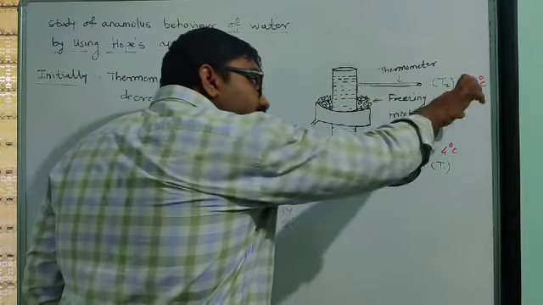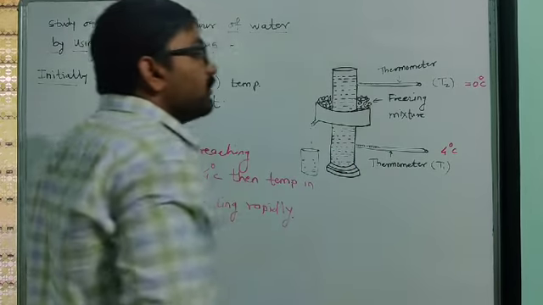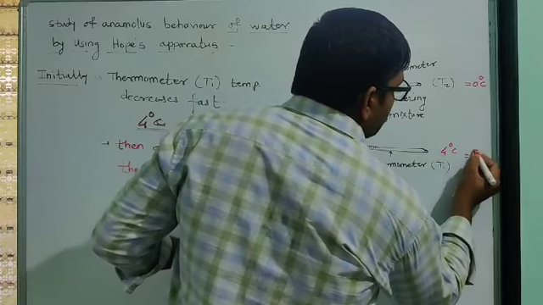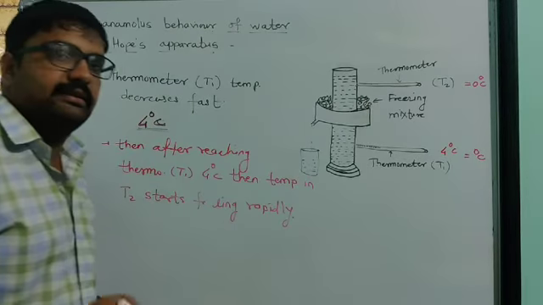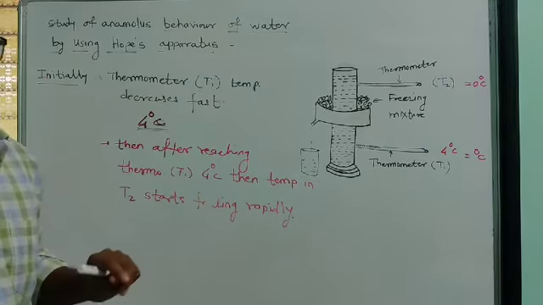And then after it reaches 0 degrees, the temperature of thermometer 1 starts to fall and it reaches 0 degrees Celsius.